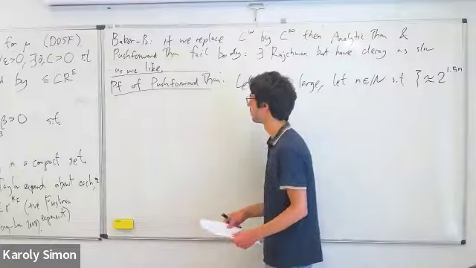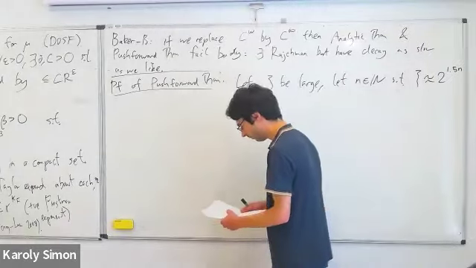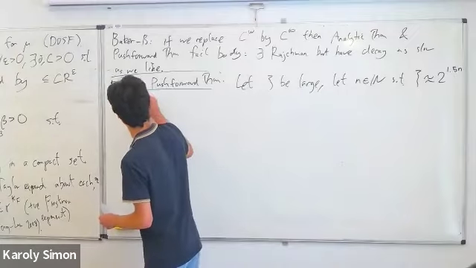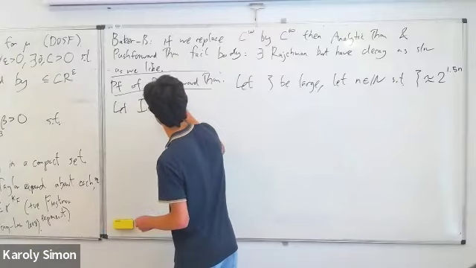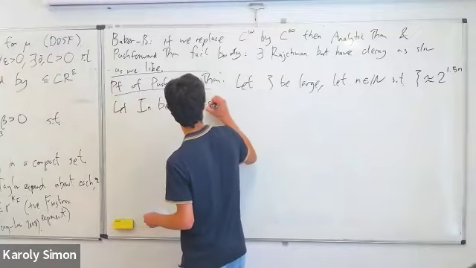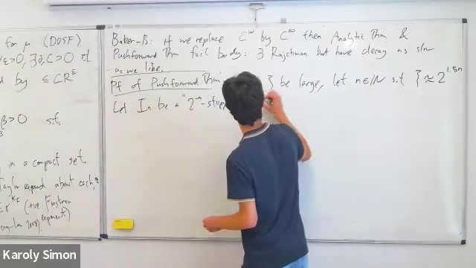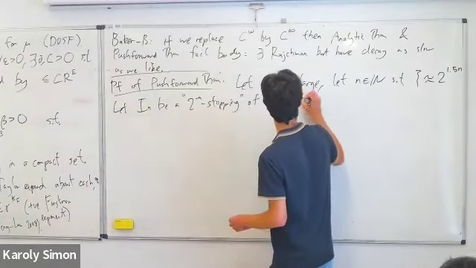But that's not what I'm going to talk about today. So let I_n be a 2 to the minus n stopping of the IFS. What do I mean by this?